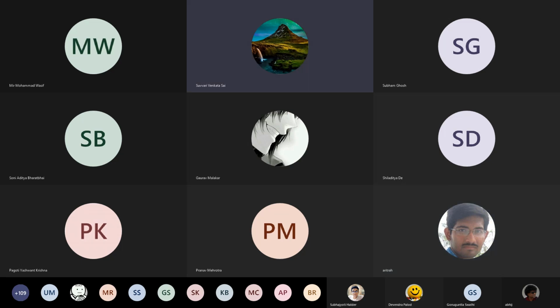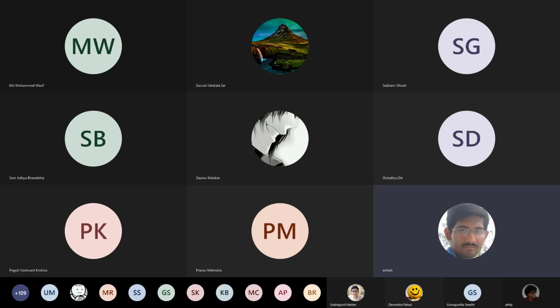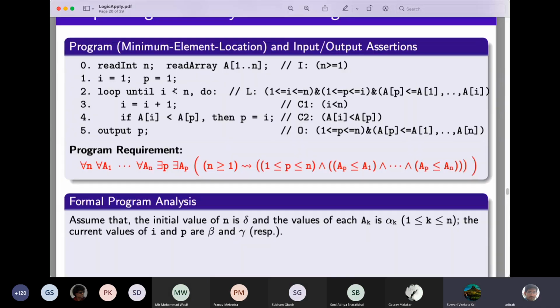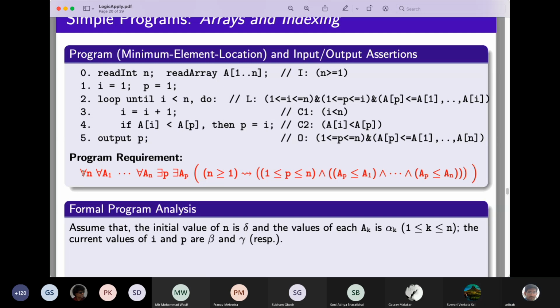Should I open up that particular part again for you? Can you see this? Yes, sir. Here it is saying, for all valuations of the array possible and all indexes, that is the generalization of the array, I can find an index P and I can find a value in that index P such that this works.